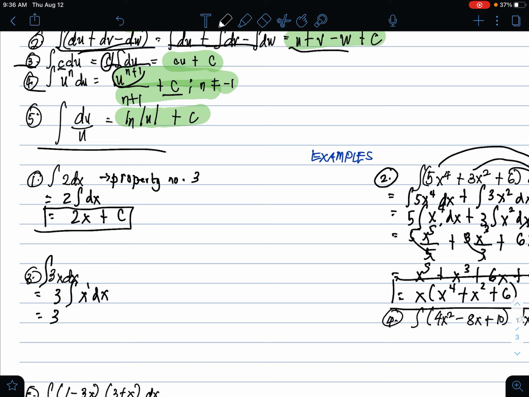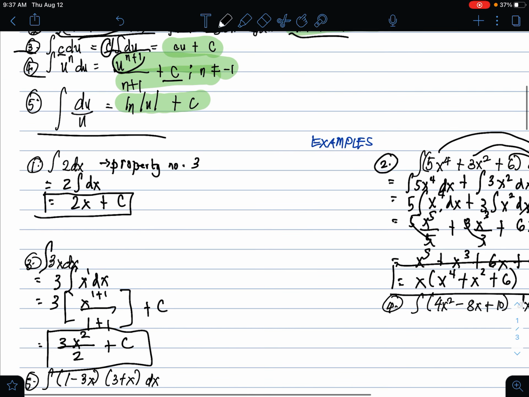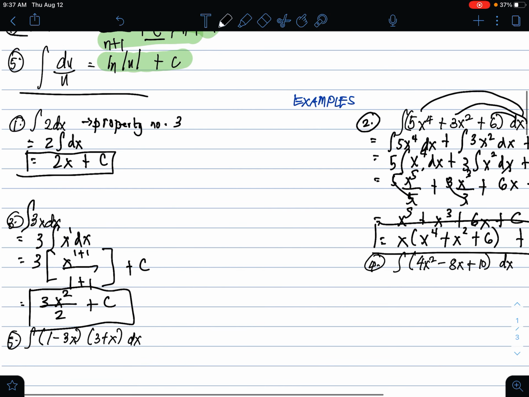So that's 3 times x to the 1 plus 1 over 1 plus 1, plus c. That is 3x² over 2 plus c. That is your final answer. Notice I always box my final answer, so you also have to do that one.